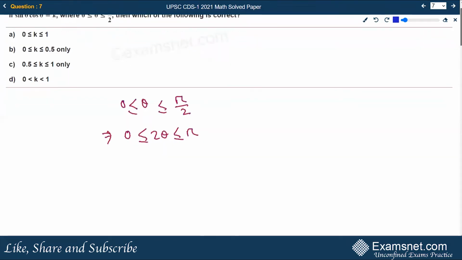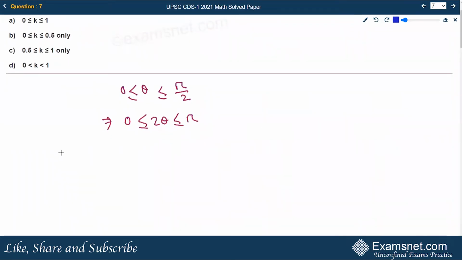So we can write it as 0 less than equals to 2 theta less than equals to pi. Either 2 theta is less than pi by 2, or 2 theta is greater than pi by 2, right? There are two options.